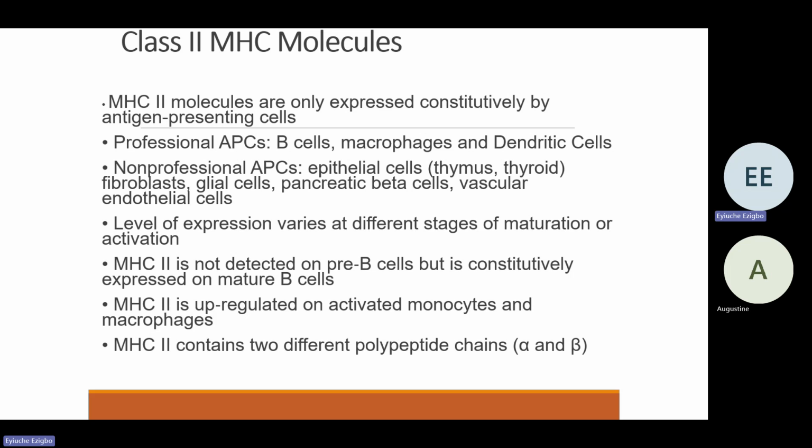Also, the non-professional APCs, where we have the epithelial cells of the thymus and thyroid, the fibroblasts, glial cells, pancreatic beta cells, and vascular endothelial cells. The level of expression varies at different stages of maturation or activation.